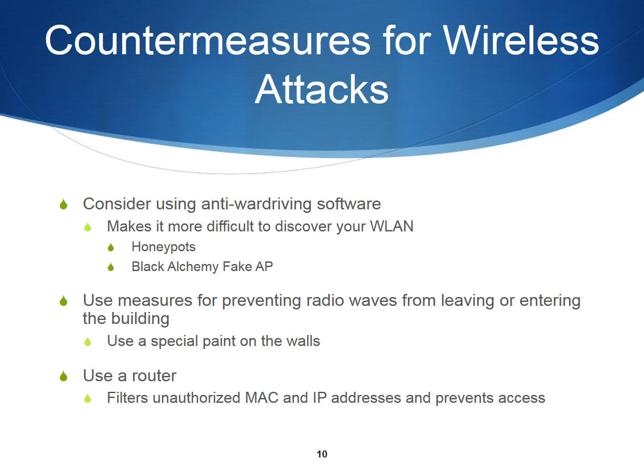In addition, the Black Alchemy Fake AP could be used to generate counterfeit 802.11b access points and hand out bogus SSIDs. The organization could also use measures for preventing radio waves from leaving or entering the building, such as using special paint on the walls, or using a router that filters unauthorized MAC and IP addresses and prevents access.